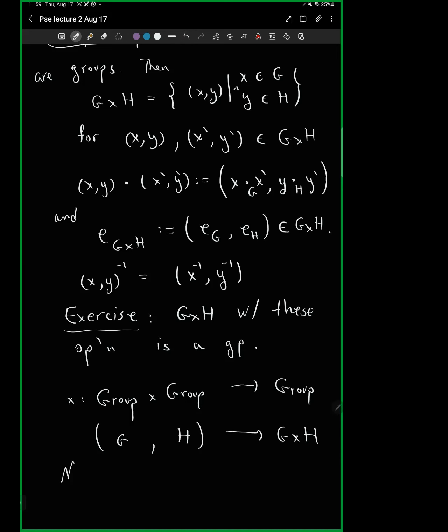And note, of course, the number of elements in G times H is simply the number of elements in G multiplied by the number of elements in H.